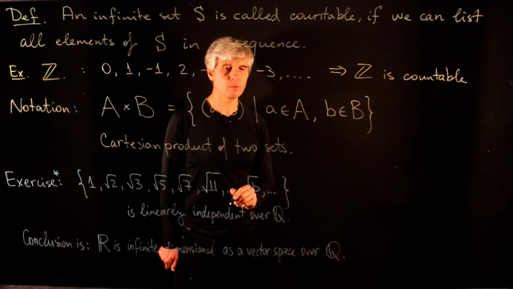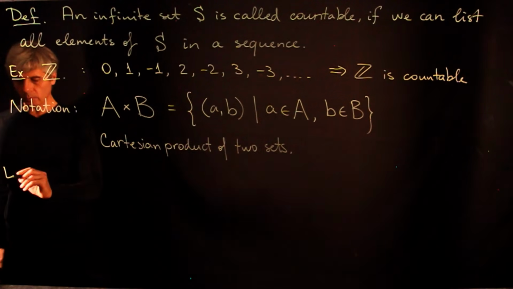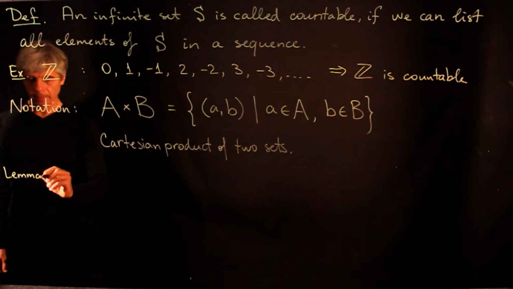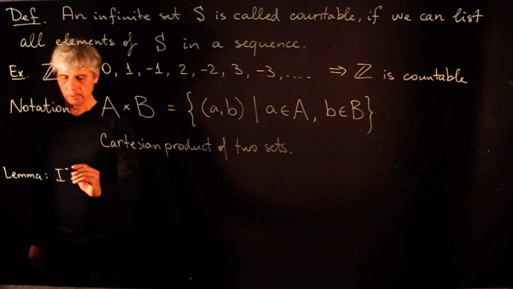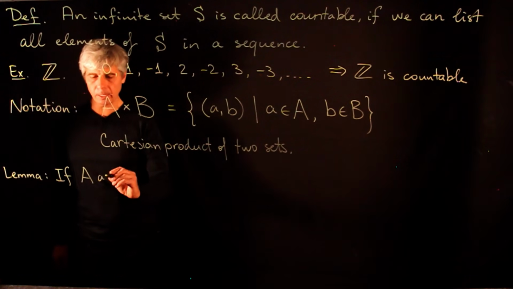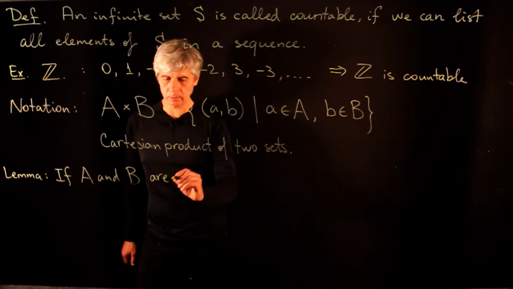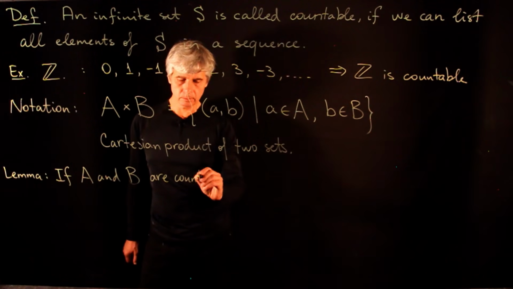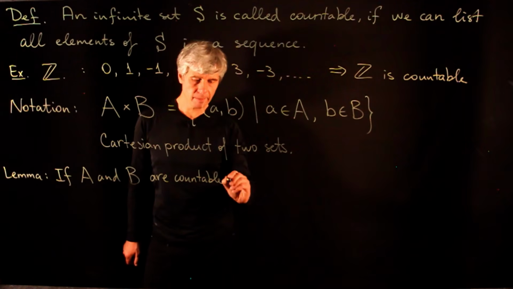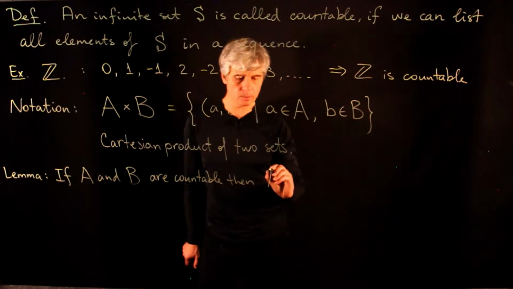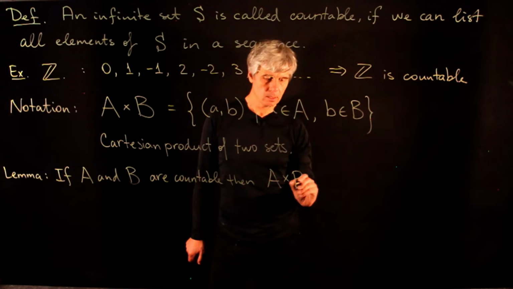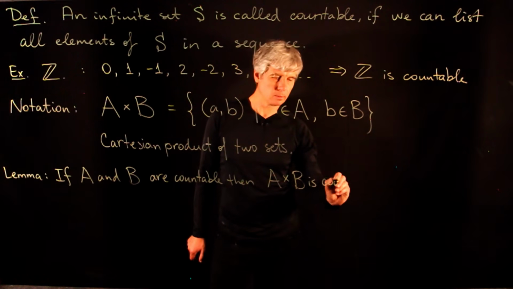So this is the set of pairs. So we can prove the following lemma. If A and B are countable, then the Cartesian product A cross B is also countable.